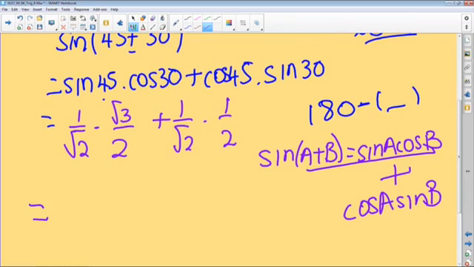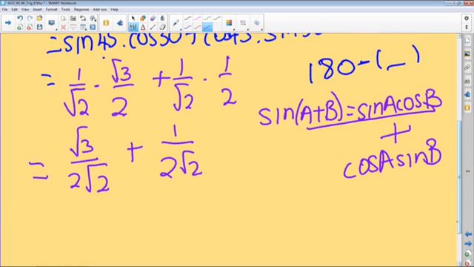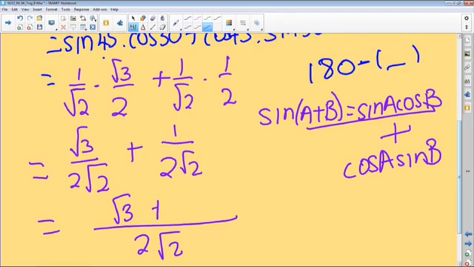So the first term, I'm going to get root 3 times 1 is root 3 over 2 times root 2, which is 2 root 2, plus 1 times 1 is 1 over 2 root 2. And because my denominators are the same, I can keep the denominator and add the numerators. So this gives me root 3 plus 1 over 2 root 2.